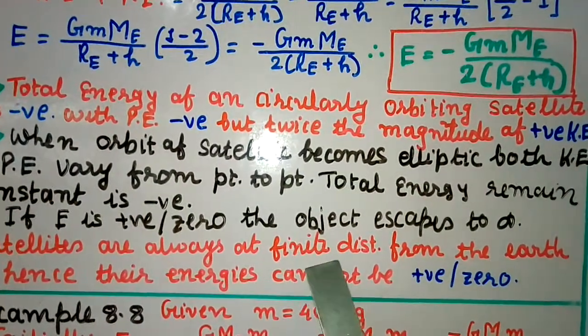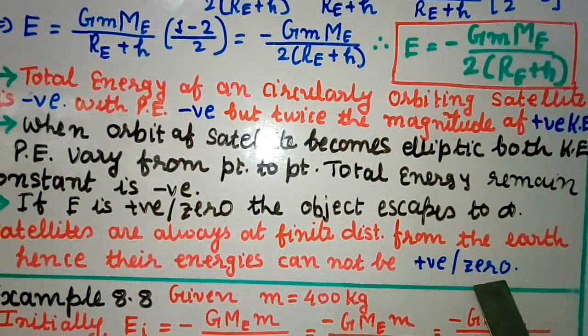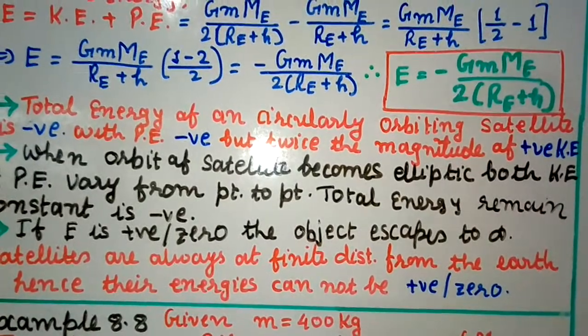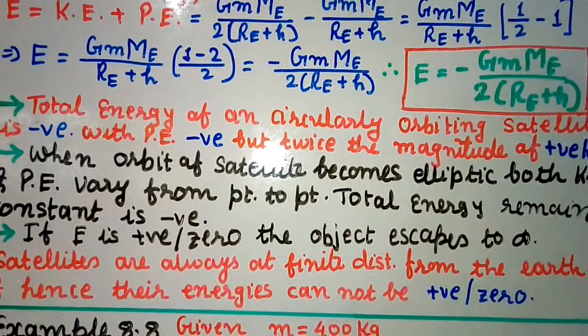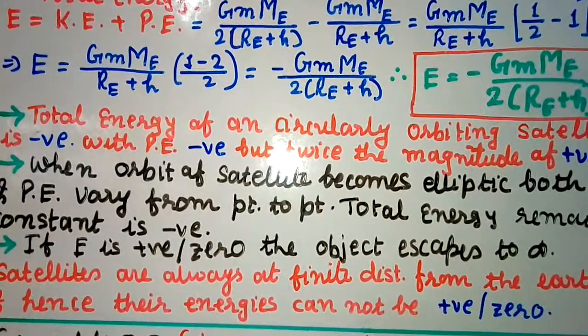That means if they are at a finite distance, their energy cannot be positive or 0, it should be negative. So it should be negative, not positive or 0, if it is bound to earth or at a finite distance. If it is at infinite distance, then the energy will be positive or 0.